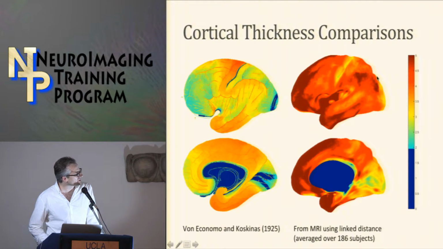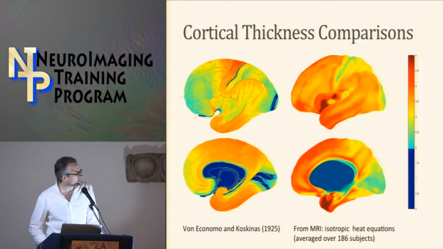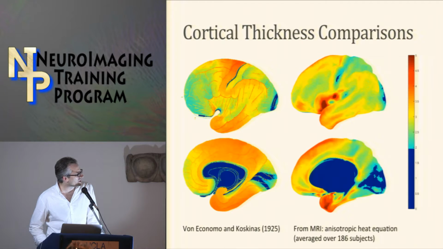You can see that the link distance measure really doesn't correspond very well at all. But the more traditional Laplace equation, the isotropic heat equation, maps pretty well. And the anisotropic Laplace equation maps really well. There's really great correspondence between what we get here and the classical map.